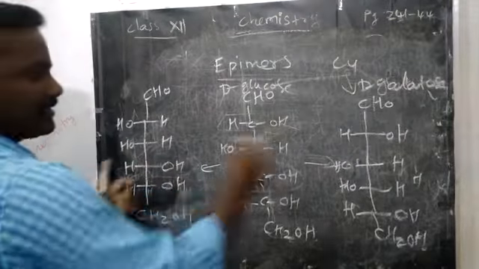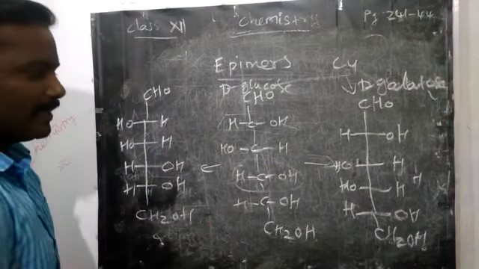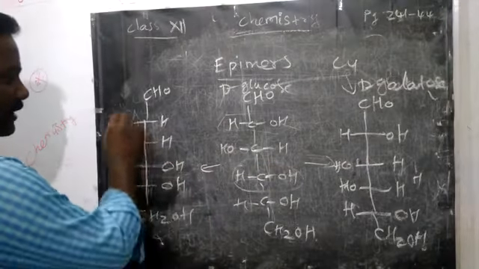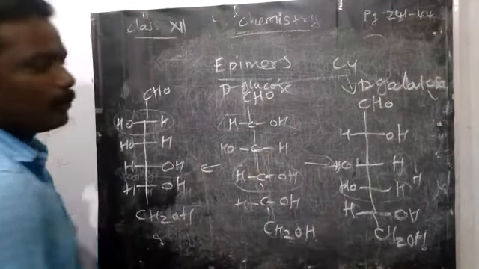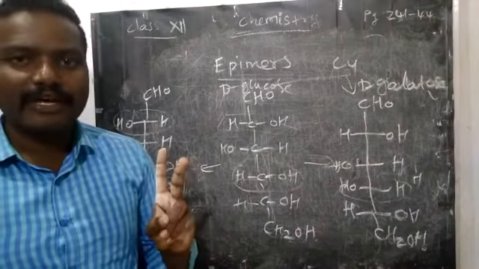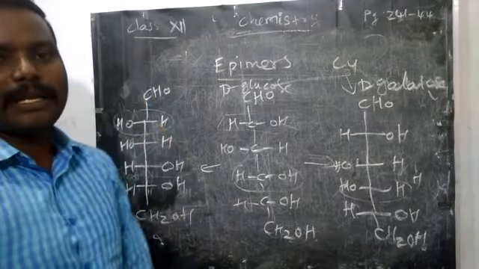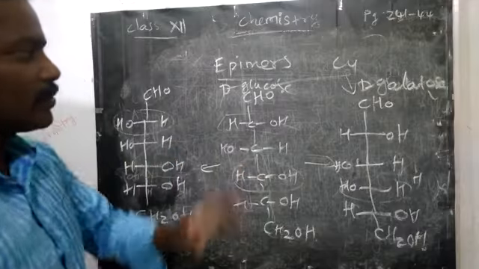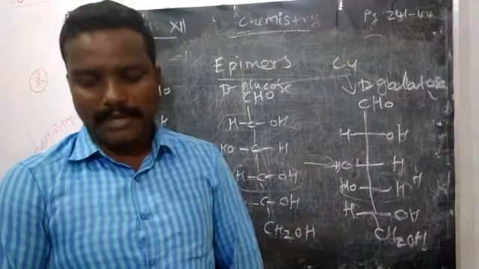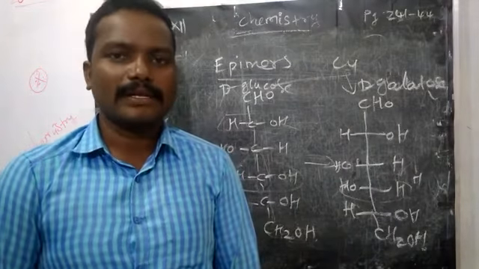See, if you check, they differ only with this group. If you compare these two, they only differ at this group. Because they differ in one chiral or asymmetric carbon, epimers are formed. So this is called epimers. We will see the remaining in the next class. Thank you.